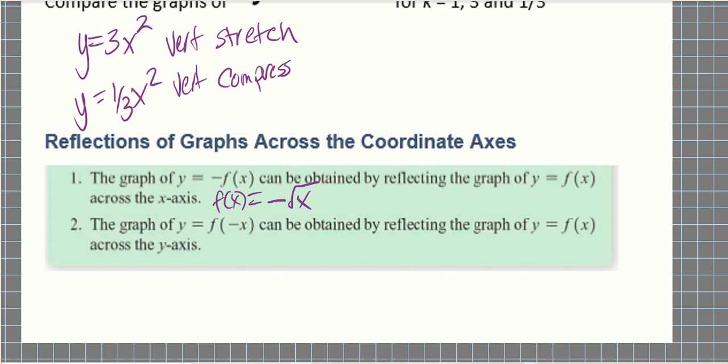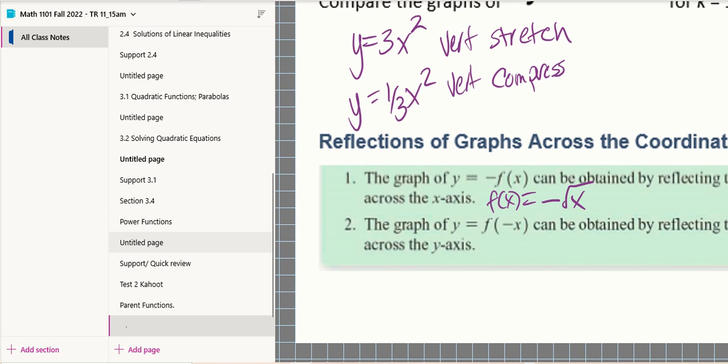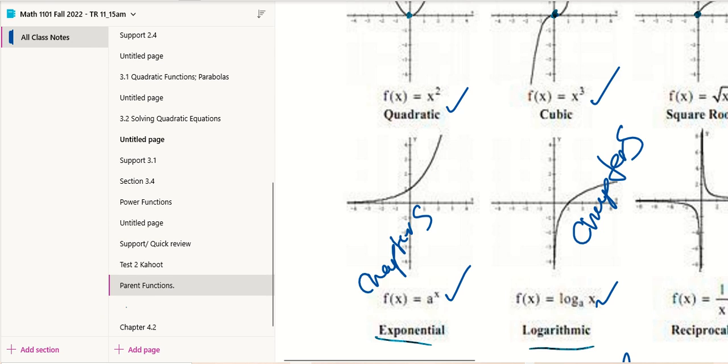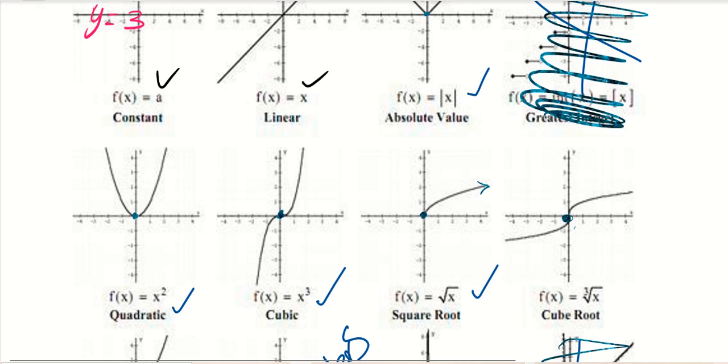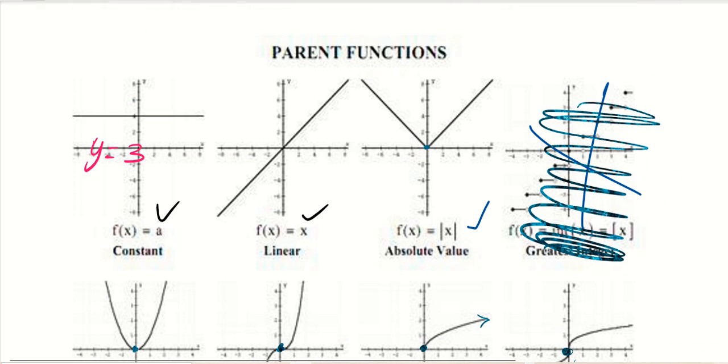Now, one key thing I do want you to remember: there are some graphs that do not have a y reflection. Let's think about it. If I go back to the parent functions and look at the graph for absolute value, is it not split down the y-axis? We can't reflect something that's already mirrored across the y-axis.